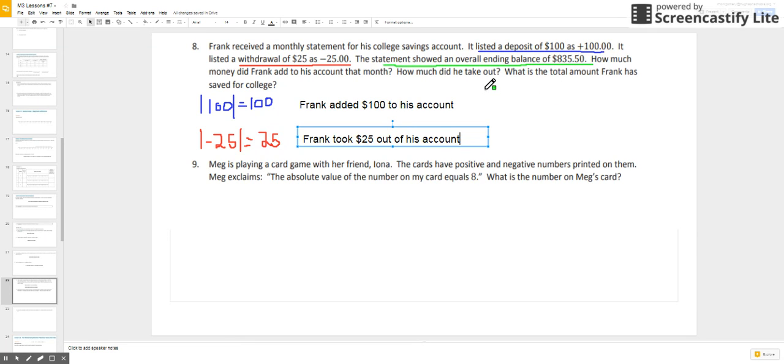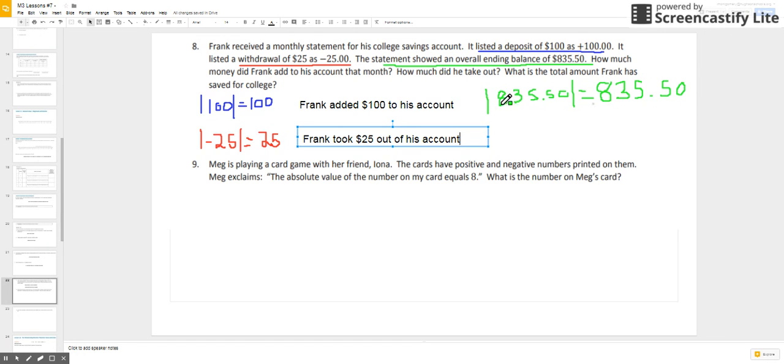So the absolute value of 835.50 is equal to 835.50. I'm doing this over and over again to show this is how you state an absolute value answer as an equation. If I'm asking you to find an absolute value and write it as an equation, we need to make sure we write it in this proper form. It's one reason why we're doing it over and over again.